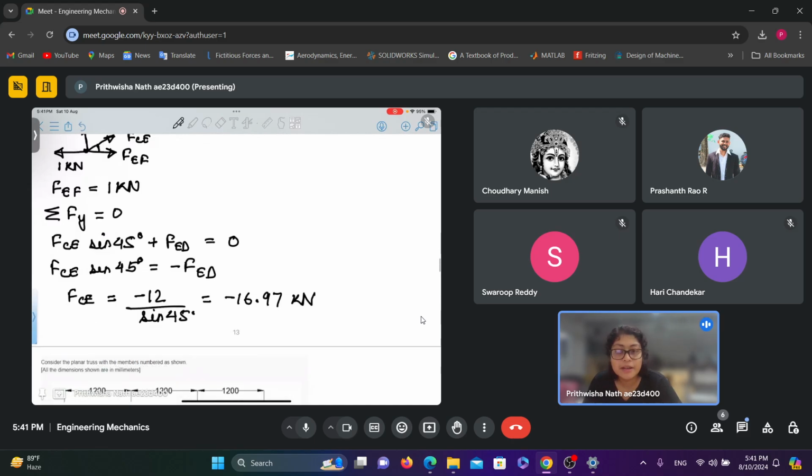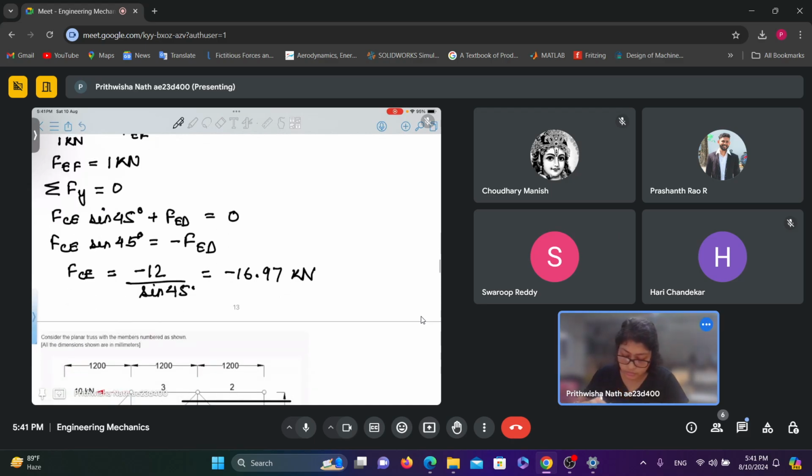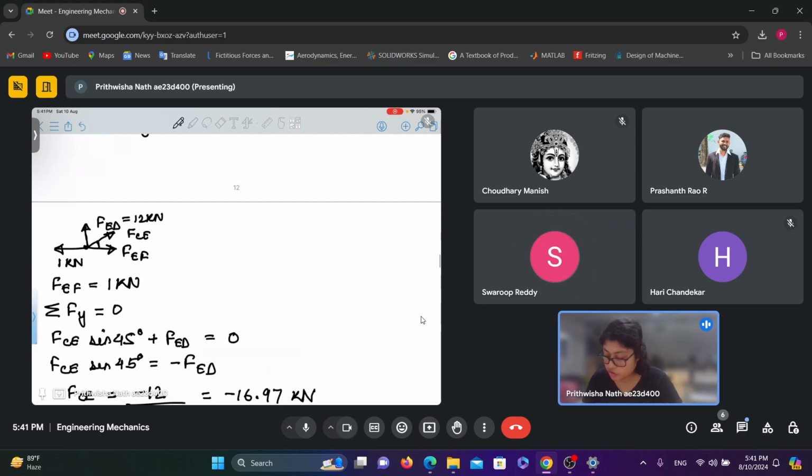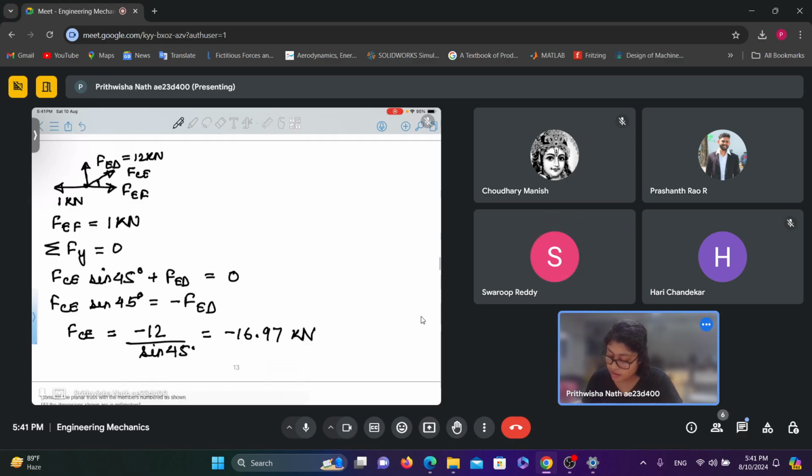Is it clear to everyone? Yes, ma'am. While solving the question, I assumed that it is in tension, but from the calculation we see that there is a negative sign, which suggests that it is in compression, right?